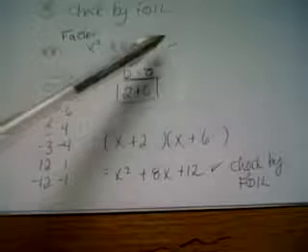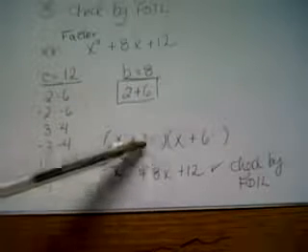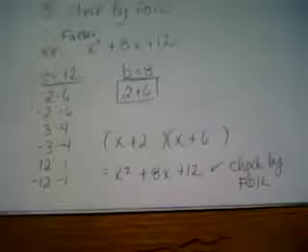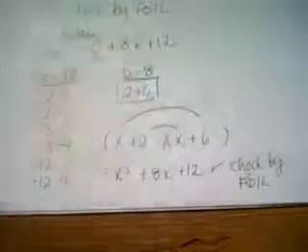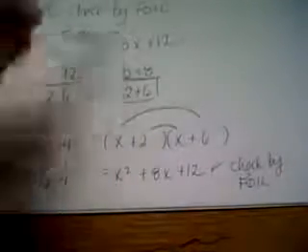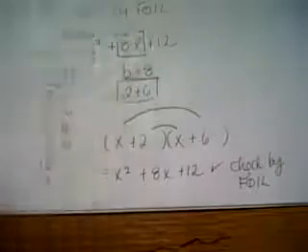I know in my last spot, right here, to get that 12, I went 2 times 6. So I went 2 times 6, and that gave me my 12. It could have been any of these numbers here. But I also knew that my outer and my inner had to add up to be 8, because my b value is 8.